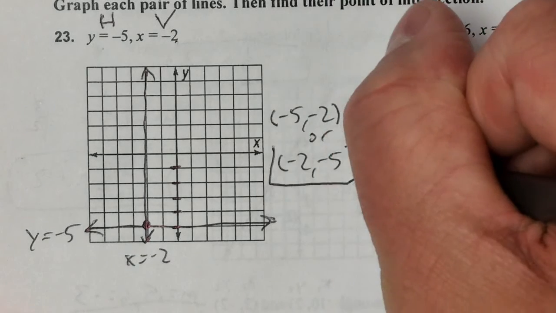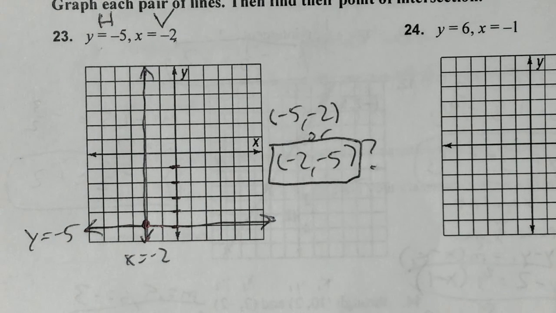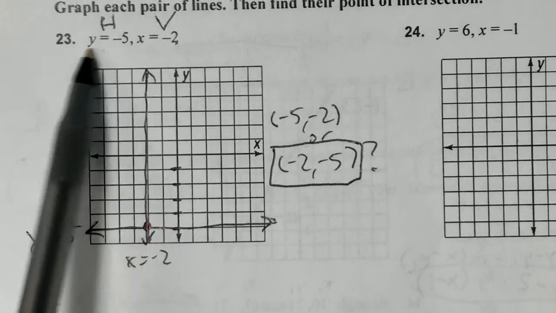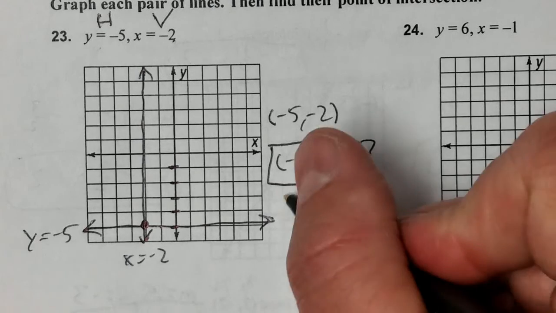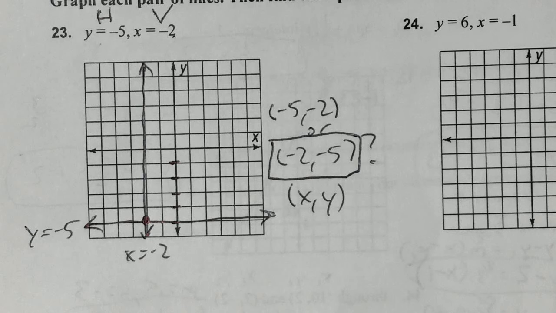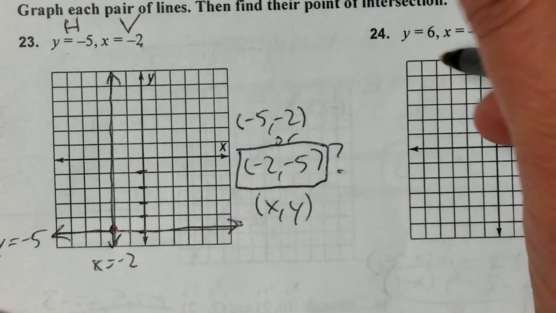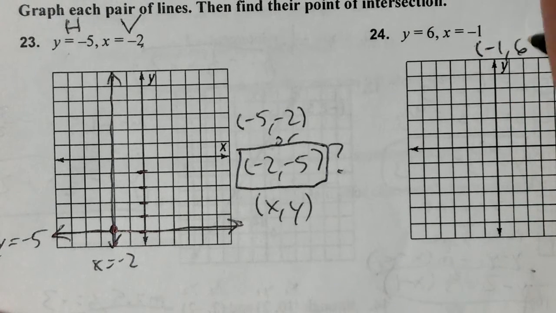So then you just put this one, the -2, -5. All you do is look at your ordered pair because it's an XY ordered pair. And then it's kind of simple. Okay. Any questions? So then this one we already know would be -1, 6 for your answer.